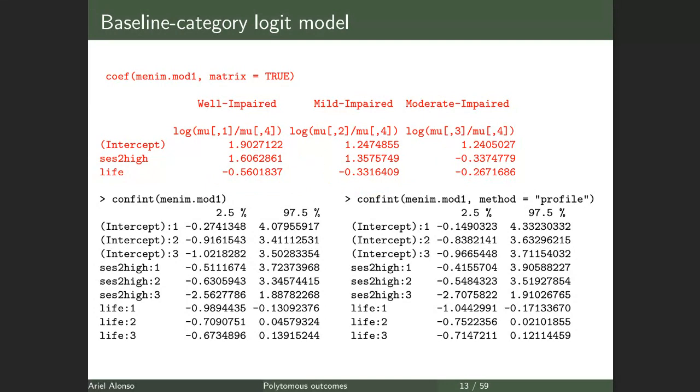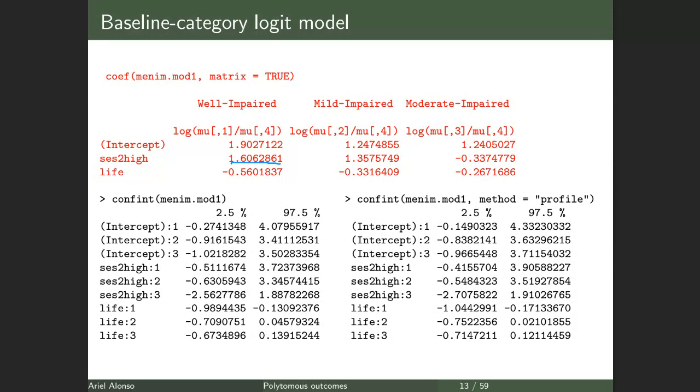As you can see, for instance, if you look at socioeconomic status, this coefficient is positive. That means the odds of being well instead of impaired are larger for people with high socioeconomic status than for people with low socioeconomic status.